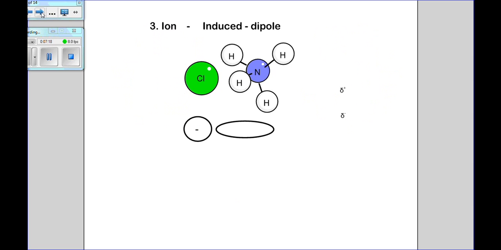Then the third example we will look at is when we have an ion and an induced dipole. So if we have, say, CCl4, carbon tetrachloride, which is in solution, and we place NaCl in this carbon tetrachloride solution, then we'll see that the table salt, the NaCl, does not readily dissolve in the carbon tetrachloride solution.